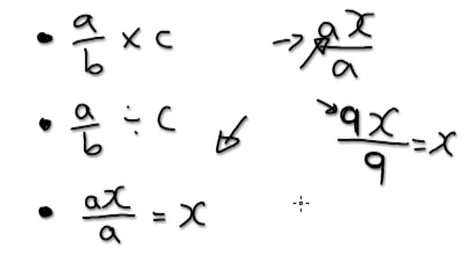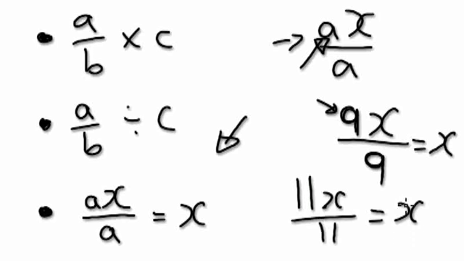So whenever you see a number multiplied by, let's say, 11, and then you divide it by 11, you're always going to get back to x. Okay, so write this formula down. So you have 3 formulas now. Any number, when you times it by a and then you divide it by a again, you're always going to get back to where you started.